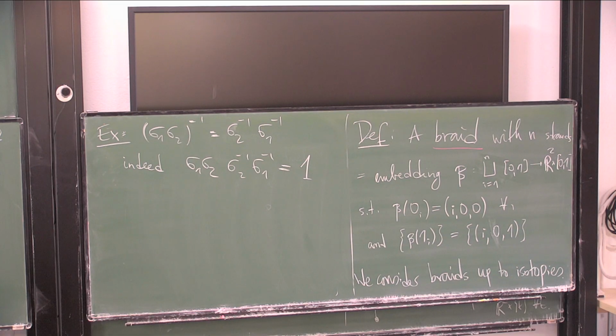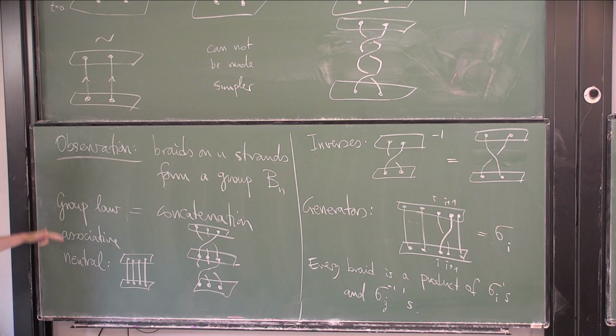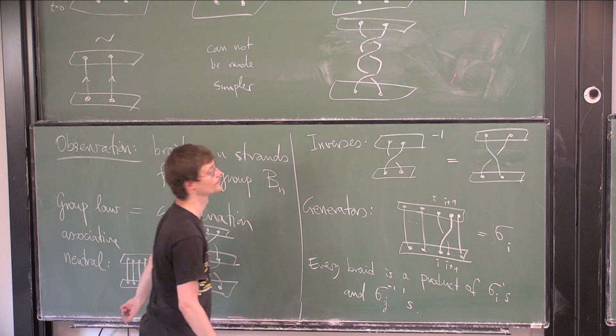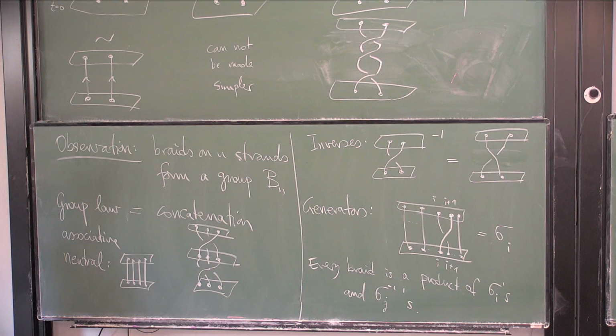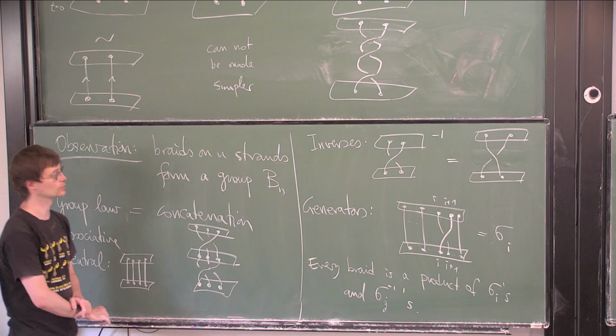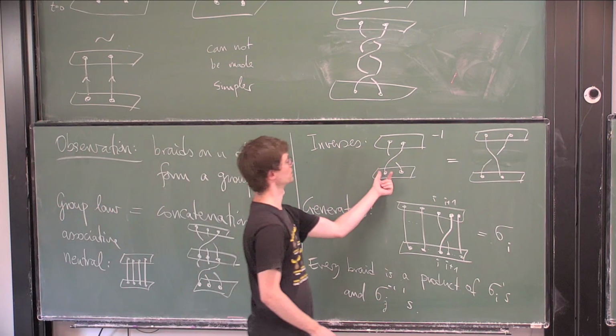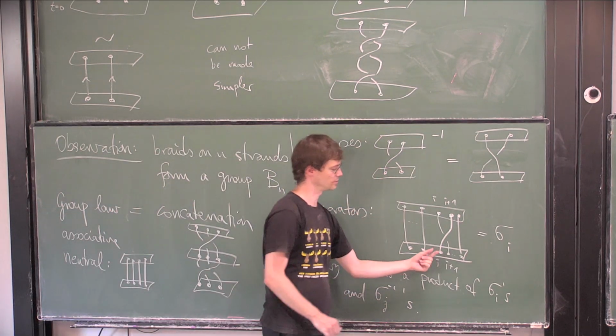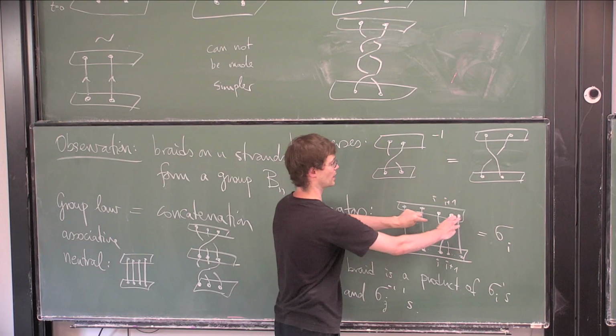So to summarize, we have now proven that braids form a group, because you have a group law which is associative, it has a unit, and it has inverses. And by the way, it's not commutative, as we will see. Just like doing a permutation here and then somewhere else.